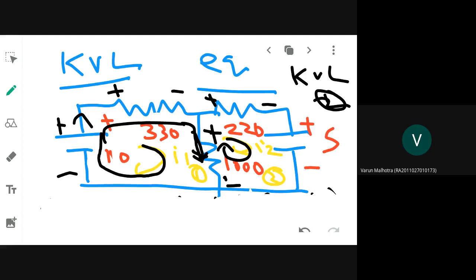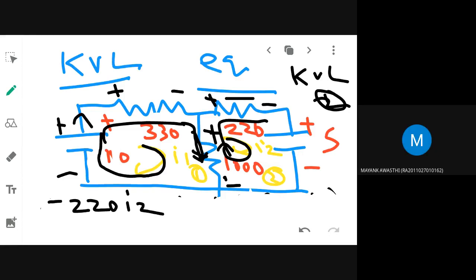First, for the second mesh, again you follow the current direction. Here, is it plus to minus or minus to plus? Plus to minus. Plus to minus means minus you will give. Minus 220 I2.